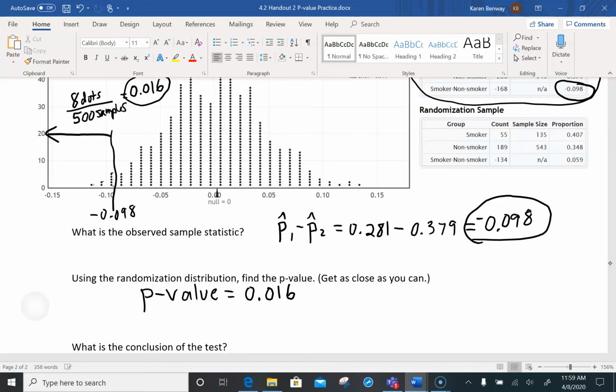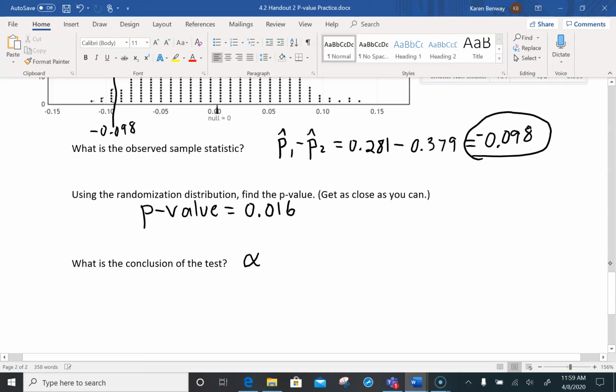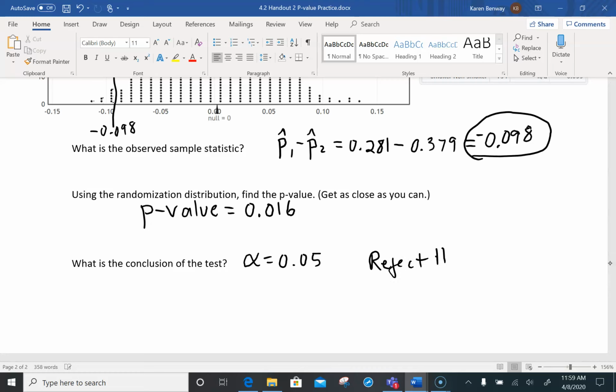If I'm testing at a 5% level of significance, this p-value is small enough so I can reject the null hypothesis.